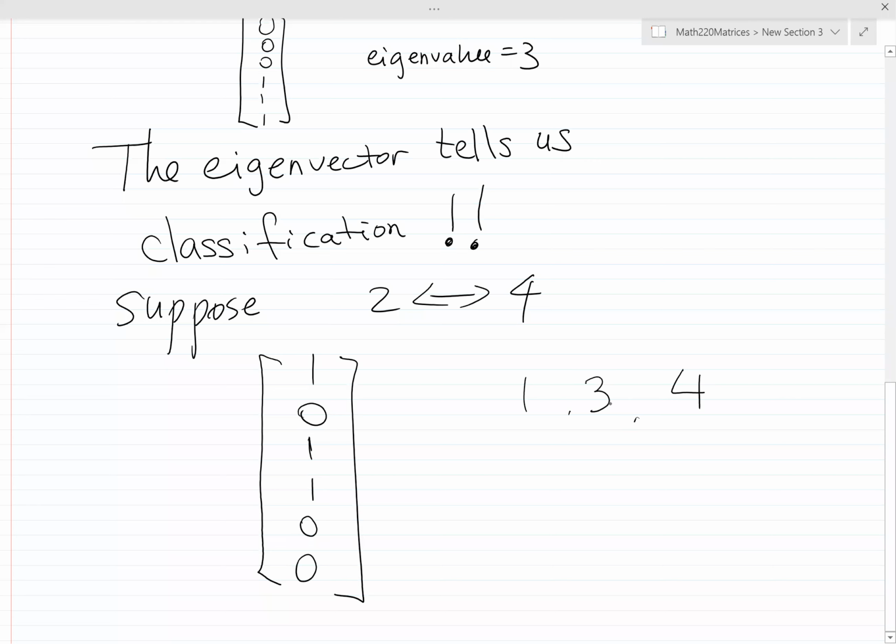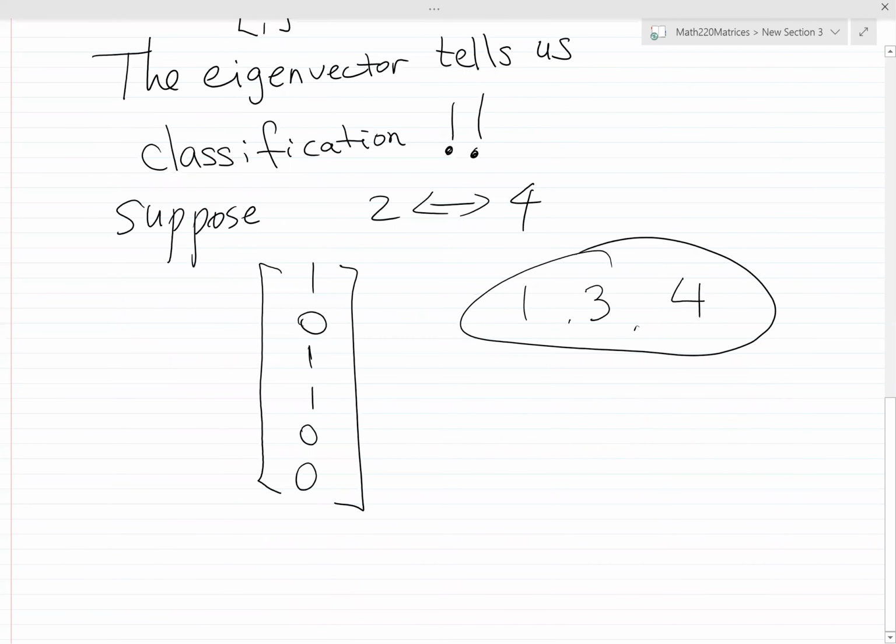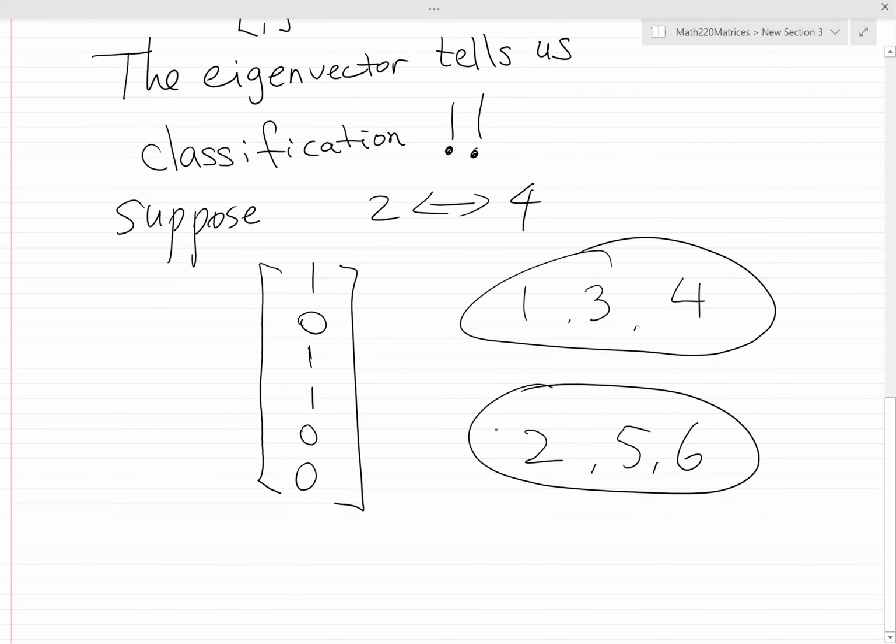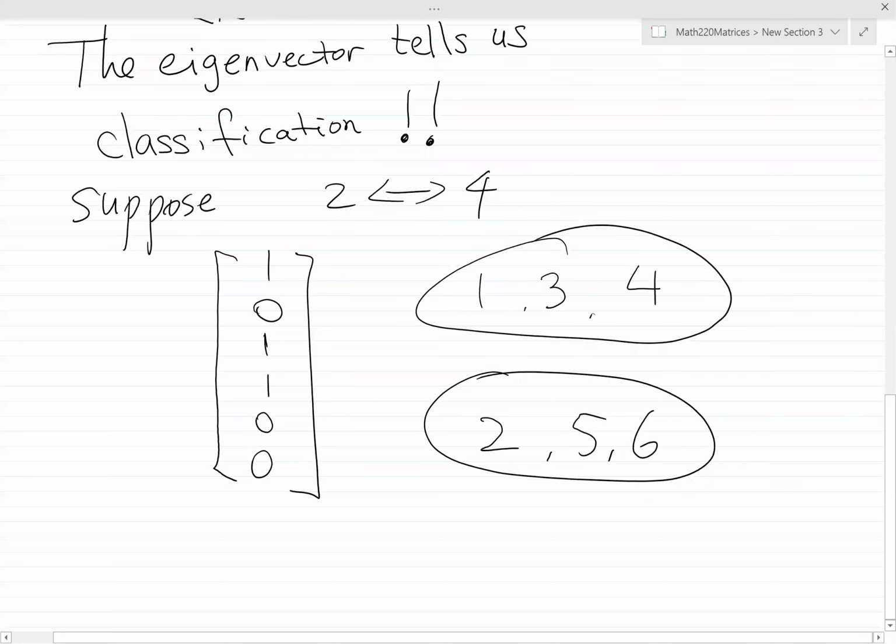So you can classify objects 1, 3, 4 into one cluster, and 2, 5, 6 as the other cluster. So this is now easy. Once you get the eigenvector, you can easily find the classification.